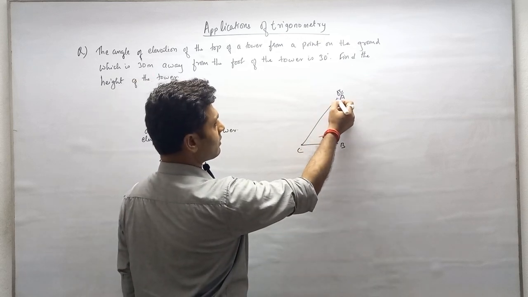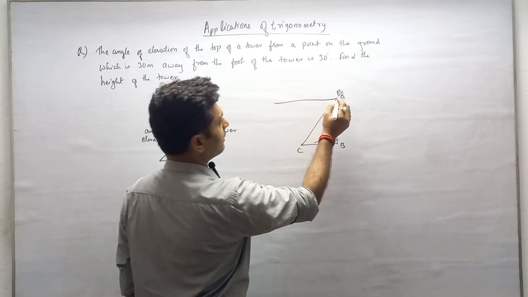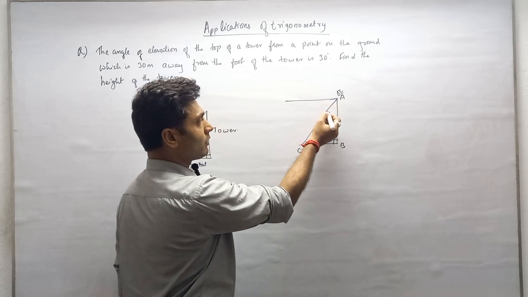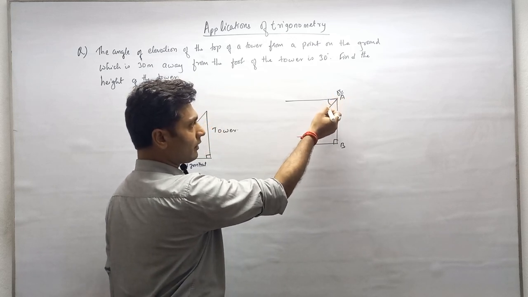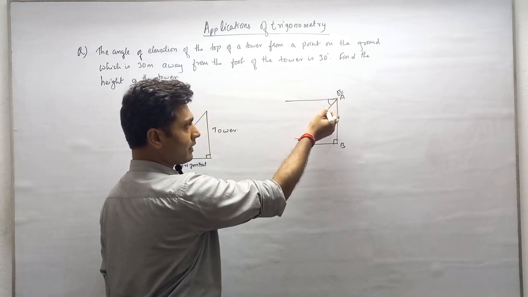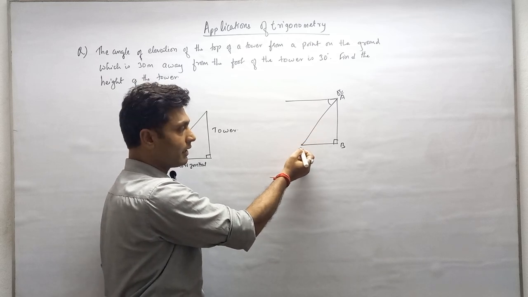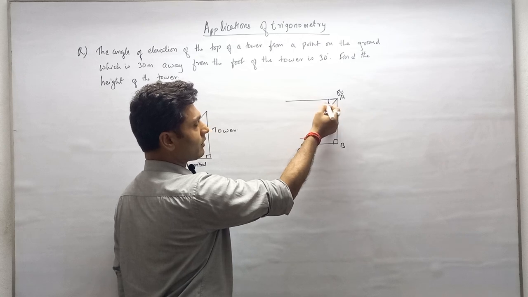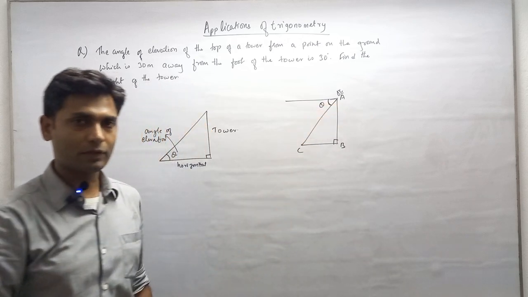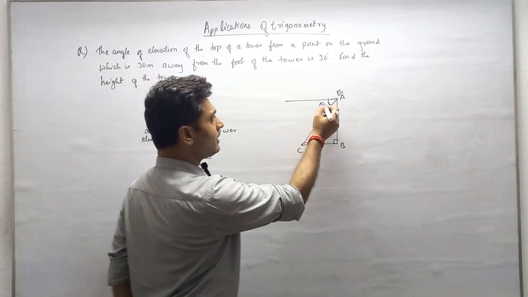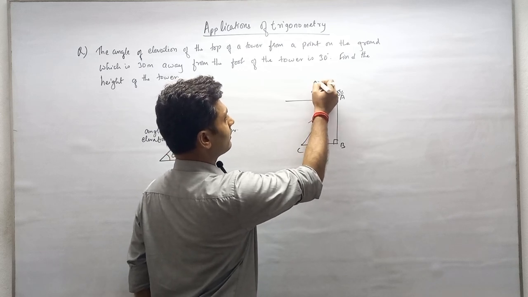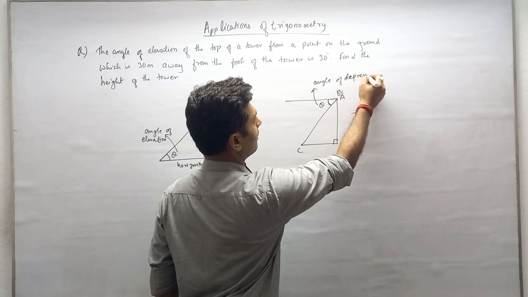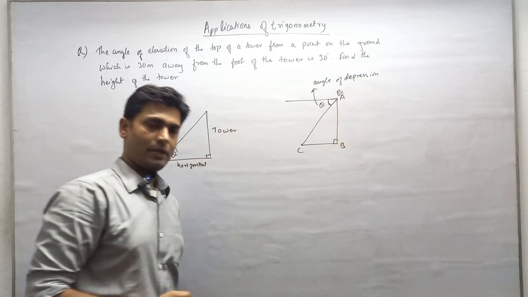Let us draw one horizontal here. The angle between the line of vision, the line in which you can see point C, and this horizontal, we will take as theta. This theta is called the angle of depression.